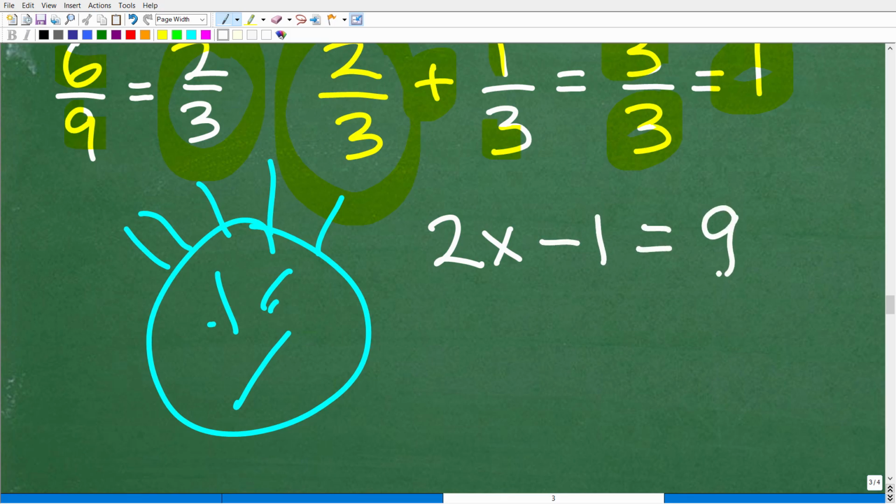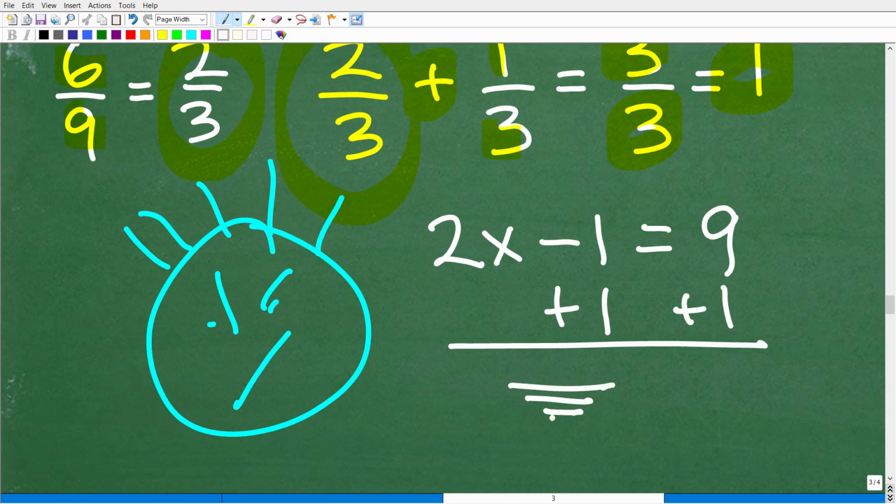Oh, 2x minus 1 is equal to 9, I could solve that. Well, now you have more sophisticated equations, but you're doing one step at a time. Same thing with this equation. You're just taking it one step at a time. Now, there might be multiple different steps to get to the solution, but that's okay, as long as you're staying focused and disciplined, you can get to the solution.